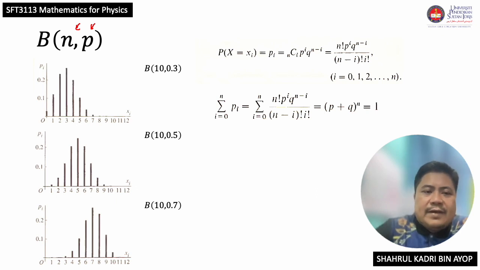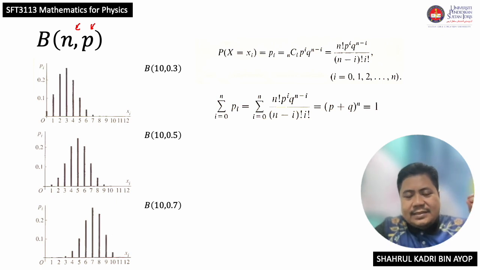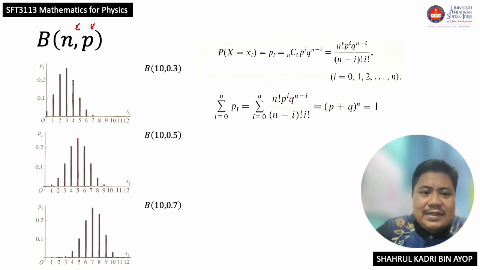So if we have, for example, 10 trials, and the probability of success in each trial is 0.3, 0.5 and 0.7.